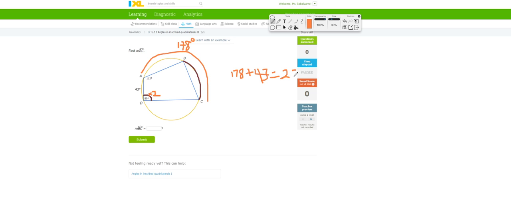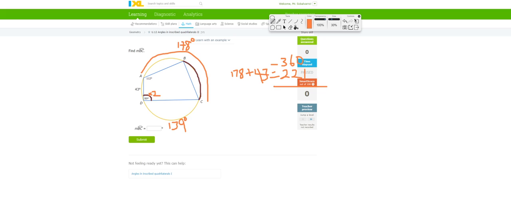If I subtract that from 360 degrees, a whole circle is 360, you will get 139. So from D to C is 139 degrees.